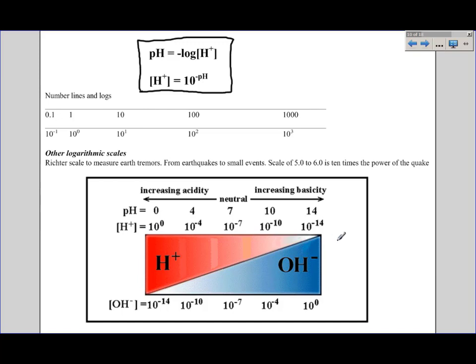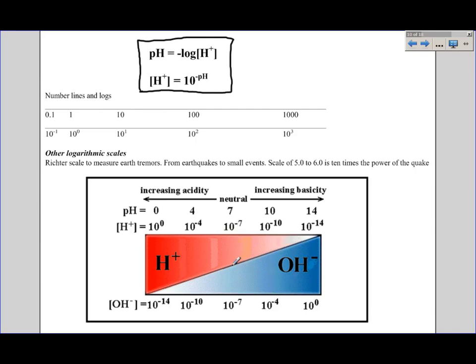Now, the thought of there being H+ in the solution no matter what may not be something that you've thought of before. It's really important to think of solutions as having both H+ and OH- in the solution. When we have an acid, we have a large concentration of H+. And when we have a base, we have a small concentration of H+, which in turn means that we're going to have a large concentration of hydroxide.